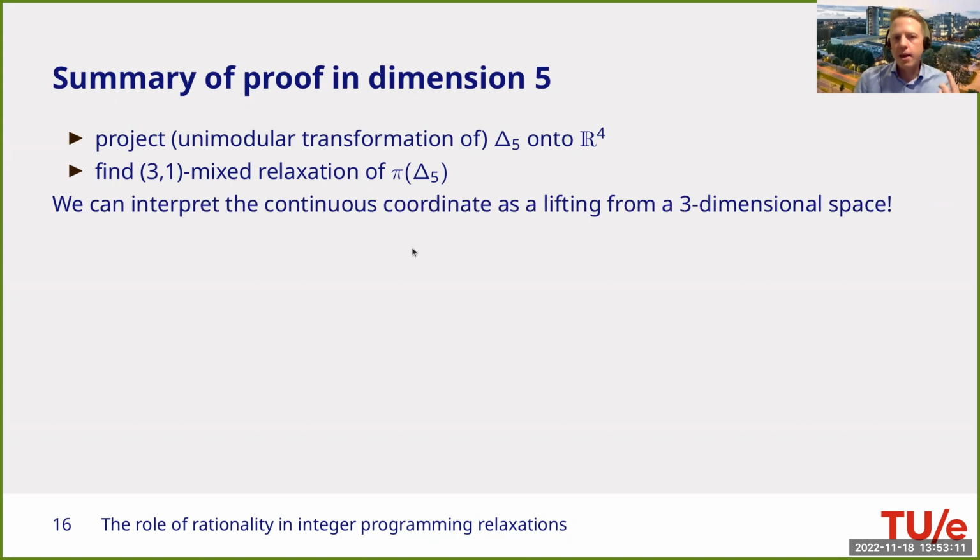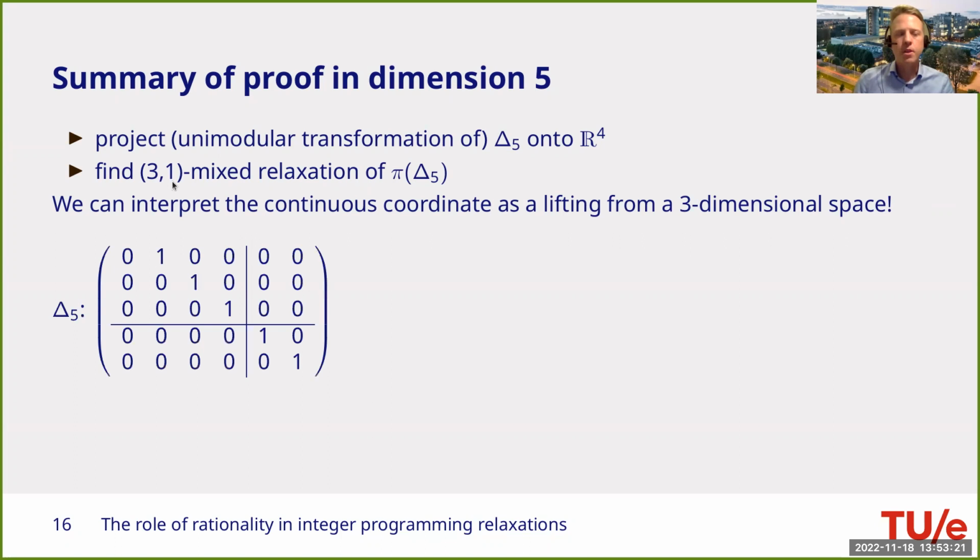And we can interpret this last coordinate, the continuous coordinate, again as a lifting value from a three-dimensional space. So let's visualize this. We start with the set of points that we are interested in, delta 5. We slightly modify them by replacing the last unit vectors by a unimodular transformation, which leads to a set of points with this structure.